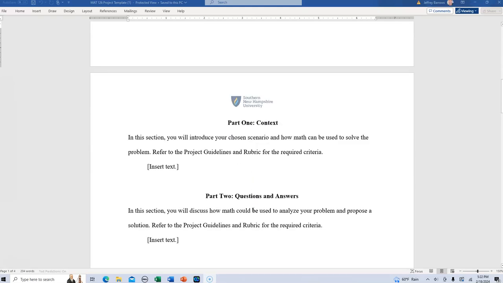So part 1, the context, and everybody understands that you chose one of 3 scenarios for your project. And within the statement of those scenarios, we were led to some questions that the scenarios were driving towards that we want to use as the basis for this project.